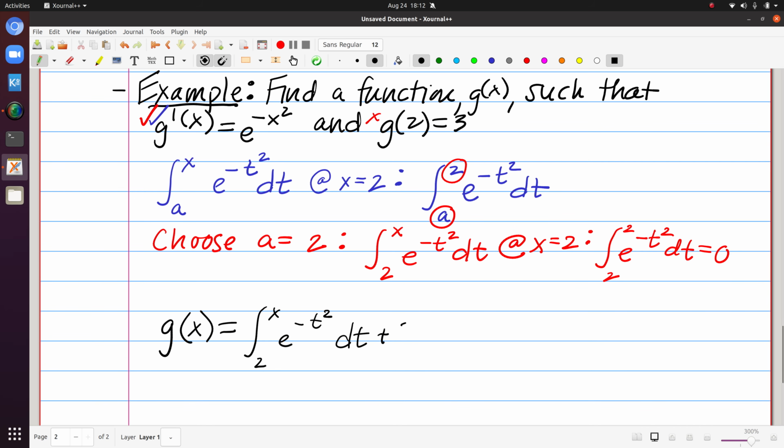So let's add the constant 3, and now we see that this satisfies this first condition still, but also when I plug in x equals 2, I get 3. So then the idea now of writing down an antiderivative, we can expand it if we start to think about this idea about the relationship between the integral of a function and its integrand.